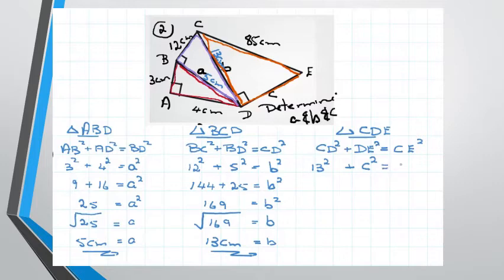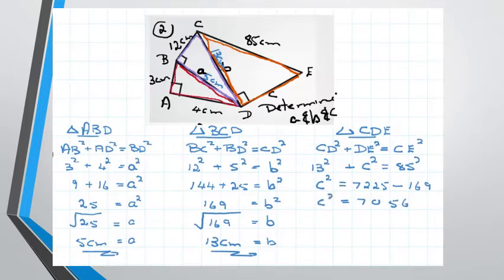So therefore, I'm going to have CE given to be 85, and it must be square. Then I'm going to say that 85 squared, I'm going to move it slightly to the left because DE squared, I want to keep it on the left, equals 85 squared, going to give me a value of 7225. The 13 squared going to give me 169, minus 169 on the left, minus 169 on the right. If I'm subtracting those two values now, I'm going to end up with a value of 7,056.